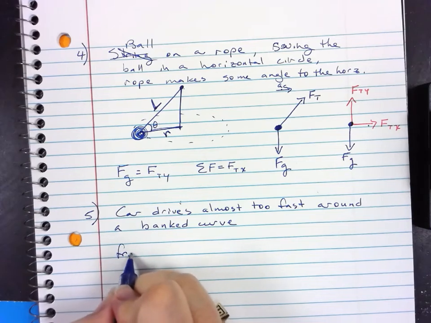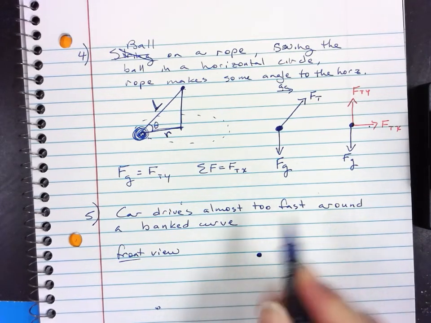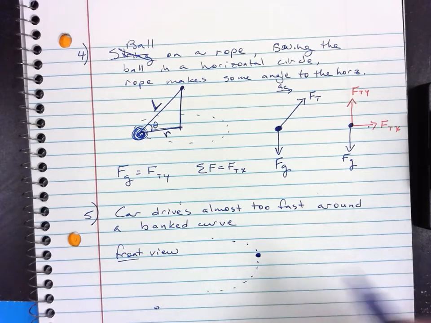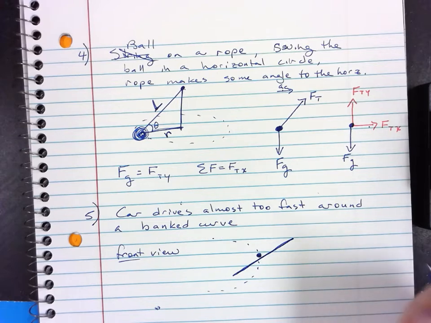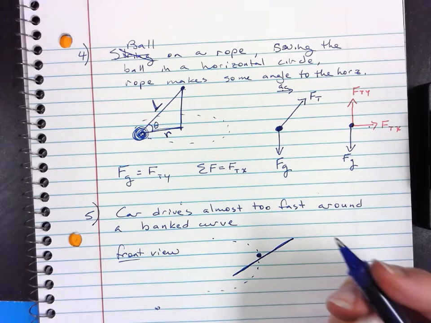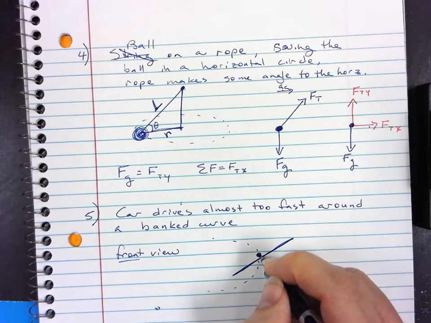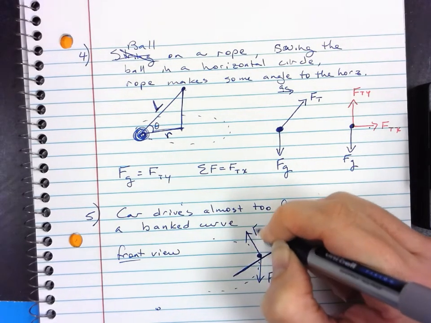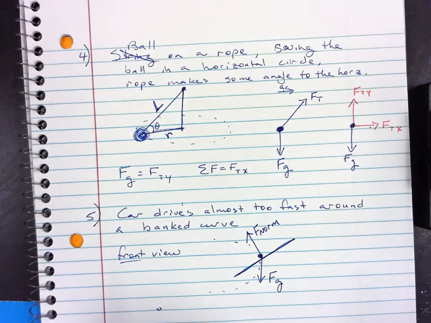So again, we're going to do a front view of the car going around the circle, but the surface is at an angle. So, of course, gravity is straight down. Normal force is perpendicular to the road surface.